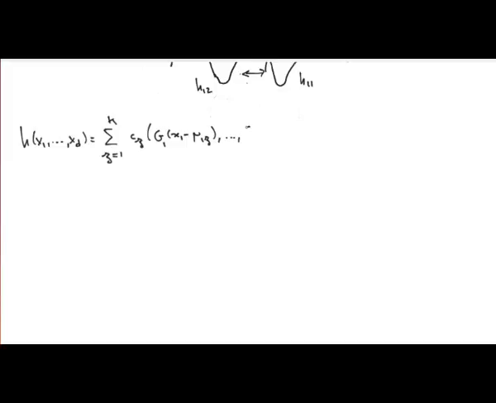I do the same with Gd of xd minus mu dZ, times the product of the conditional margin distributions, but remember that they write gj of xj minus mu jZ, times pi Z. I put the bracket here, one here.